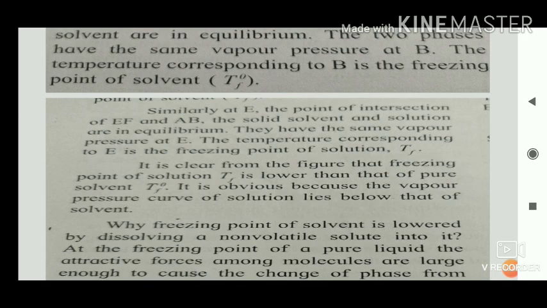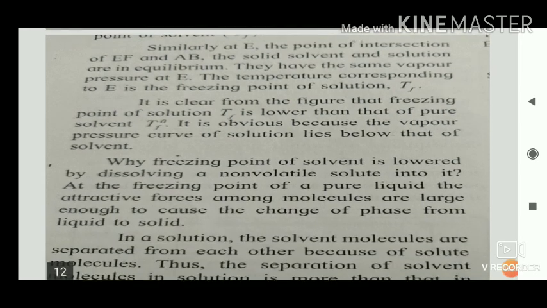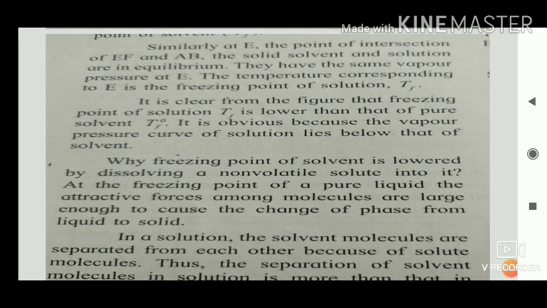It is clear from the figure that the freezing point of the solution TF is lower than that of the pure solvent TF naught. It is obvious because the vapor pressure curve of the solution lies below that of the solvent. Freezing point of the solvent is lowered by dissolving a non-volatile solute into it.